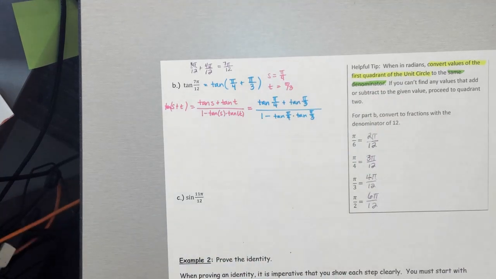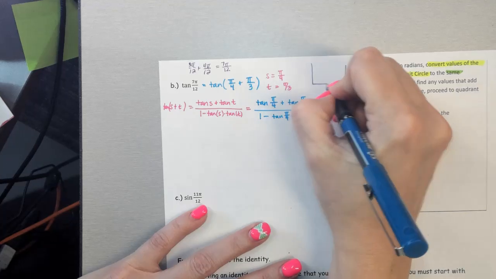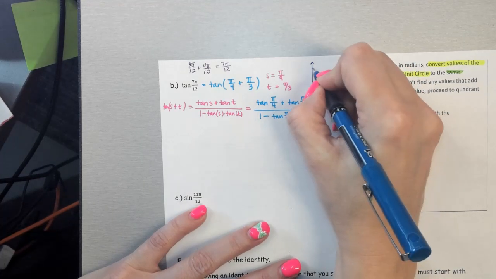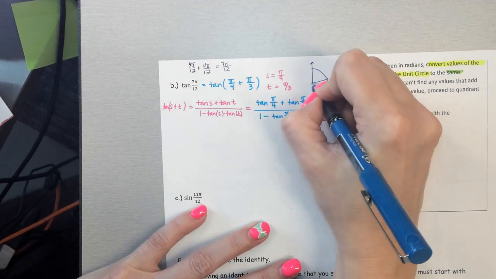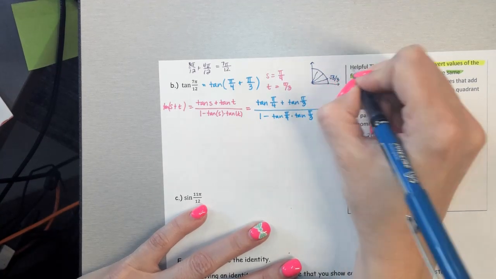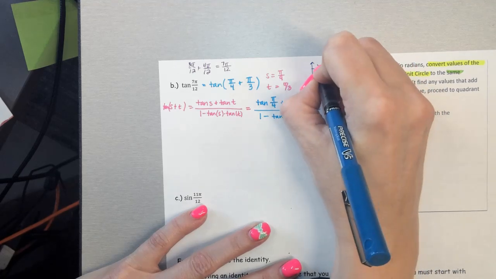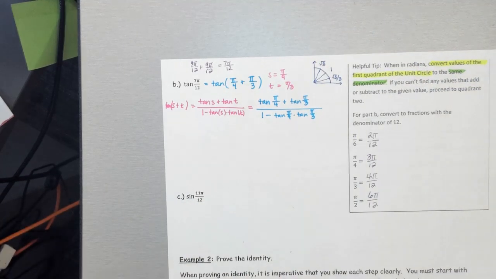All right, so now when we're filling in these, remember your tangent values. At pi over 6, it's root 3 over 3. At pi over 4, it's 1. And at pi over 3, it's root 3.